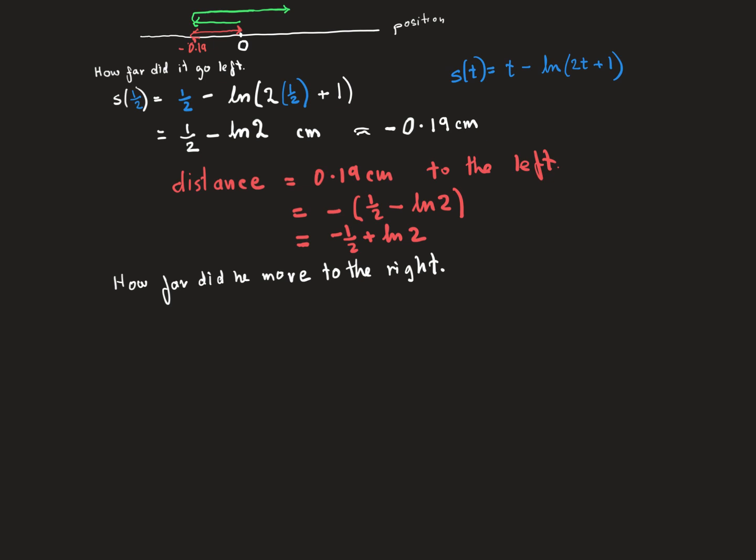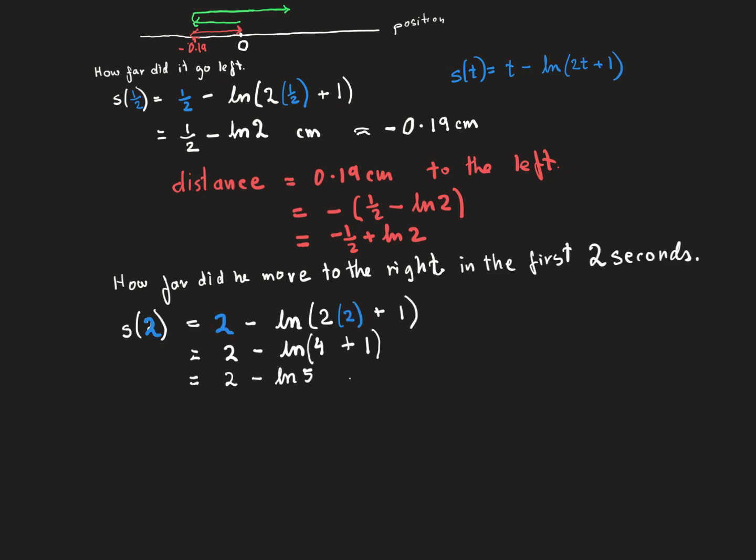And please remember that this displacement function will tell me how far he is displaced to the right, not the distance that he moved to the right, but how far he is at 2 seconds. So the displacement, if I insert the value for 2, the answer will be 2 minus ln 5 centimeters.